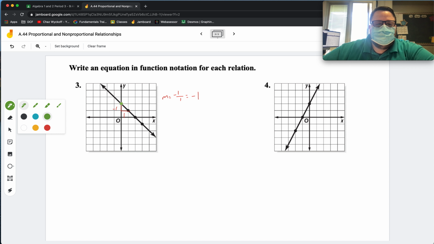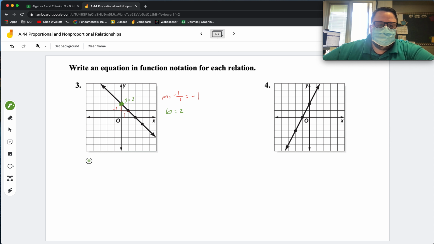And b is the value where the line crosses the y-axis. So that's 0, 1, 2. Y equals 2 at this value, so that means b equals 2.